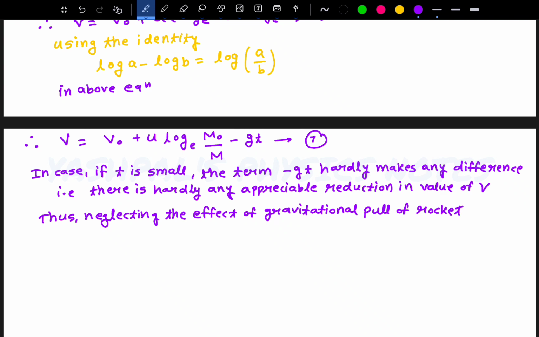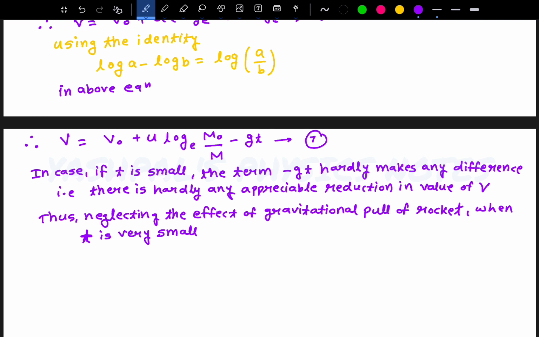When we are considering this step, when t is very small, that is, the rocket has just taken off from the ground, I am not considering t as 0. Here I am considering t is very small, approximately 0.7 second, 0.8 second, or 1 second, etc. So this gravitational pull will hardly make any difference. So it will not affect the velocity.